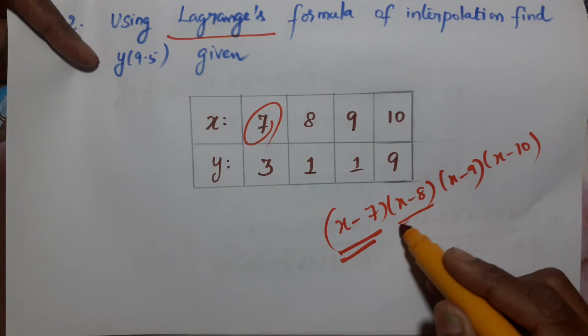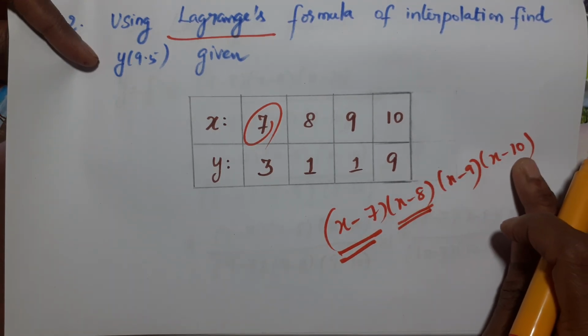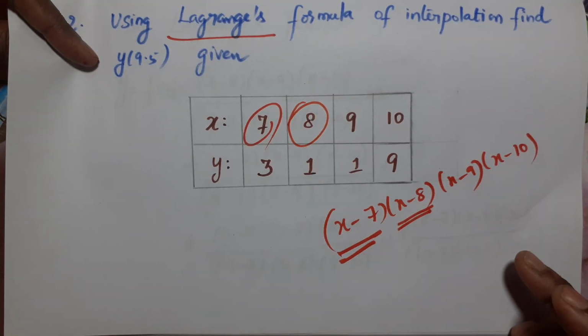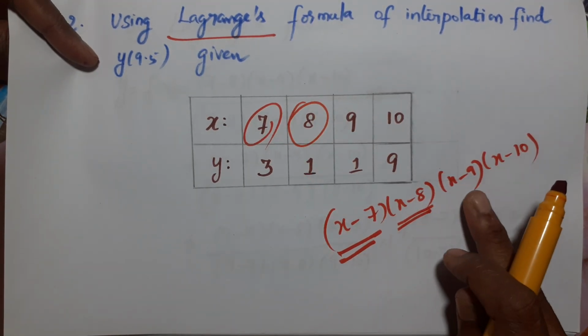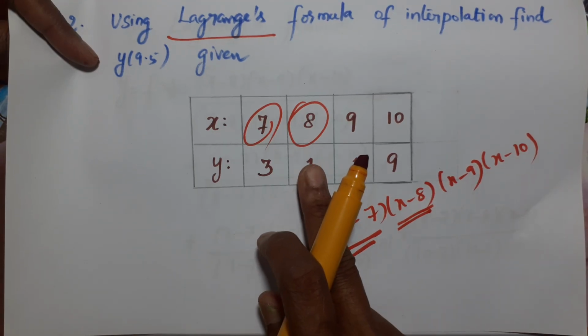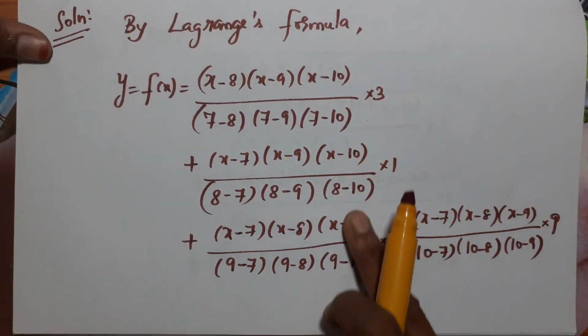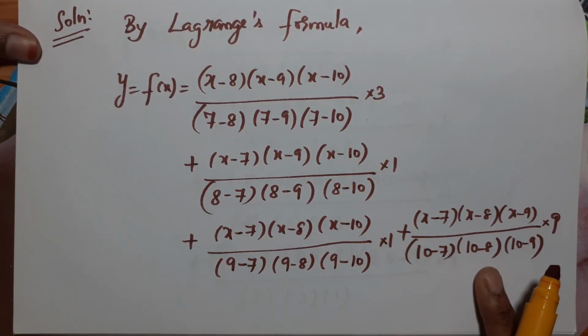In the second term, we have to leave this. So x minus 7, x minus 9, x minus 10 divided by 8 minus 7, 8 minus 9, 8 minus 10 into the respective y value 1. Similarly, we have to go for this and this. These are the terms we are getting after applying Lagrange's formula.